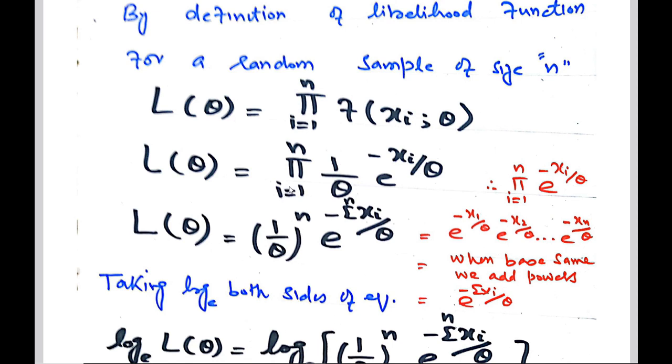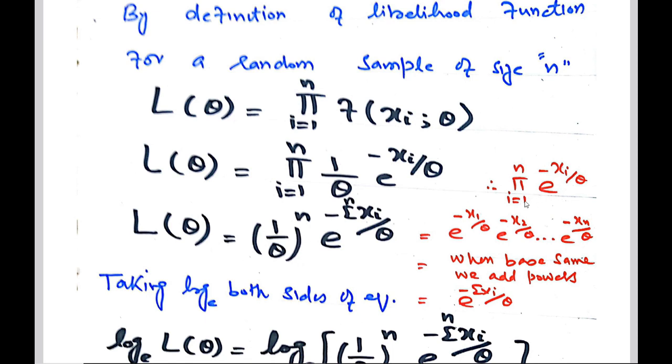So when you apply the pi sign to this PDF, we get 1 over theta power n, because this is multiplied n times, and e power minus the sum of xi, divided by theta. Why do we use this?